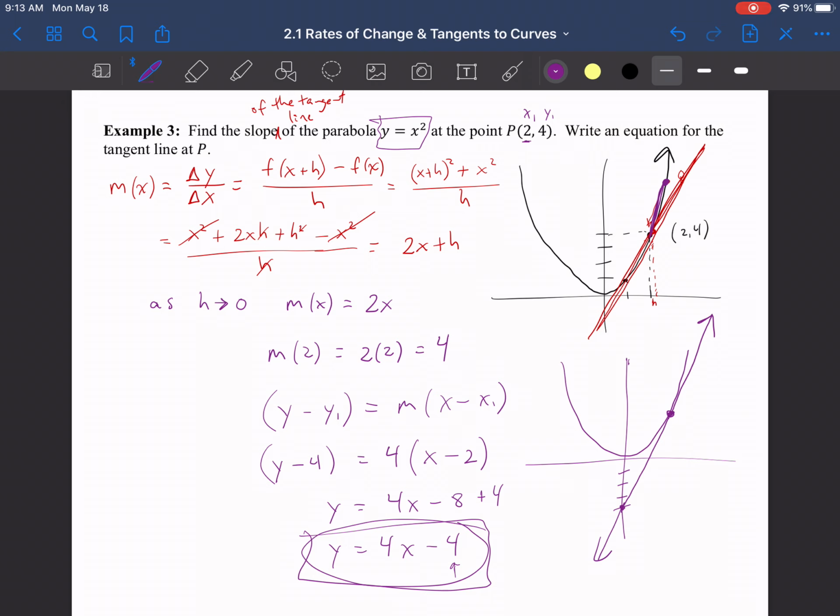All right, and then the slope of this line right here, delta y over delta x, would just be that 2 that we came up with. Oh no, we came up with 4, sorry. The 4 we came up with right there. Okay? So try graphing that on a graphing calculator and you'll see.